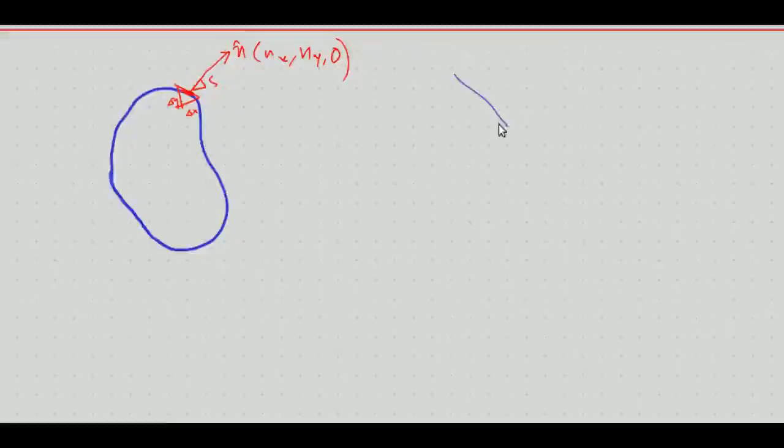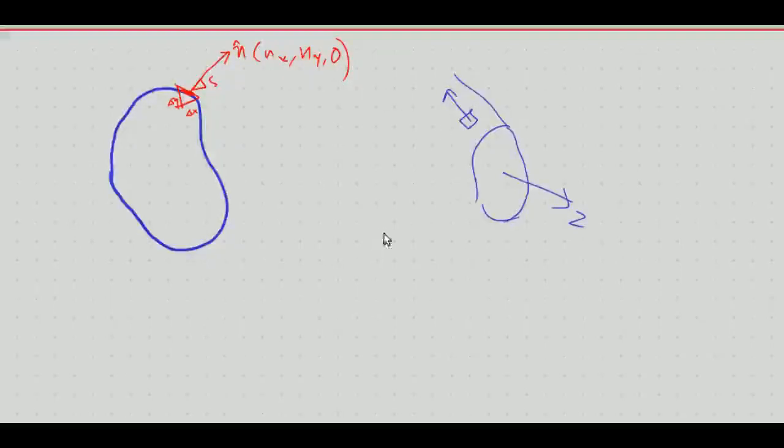That is, if we take any point on the surface, with the z-axis like this, the outward normal from the surface will be perpendicular to the z-axis, so nz will be 0. So nx and ny will be there, nz is 0.